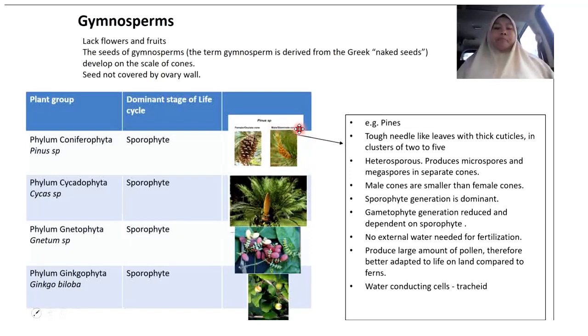The gametophyte generation is reduced and depends on the sporophyte. Since the sporophyte is dominant, of course the gametophyte will be a bit smaller. No external water is needed for fertilization. It produces a large amount of pollen that is adapted to live on land, compared to fern.